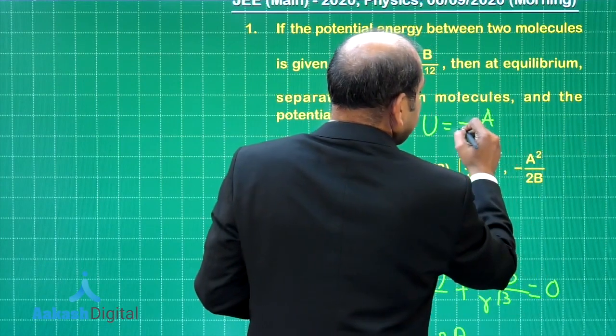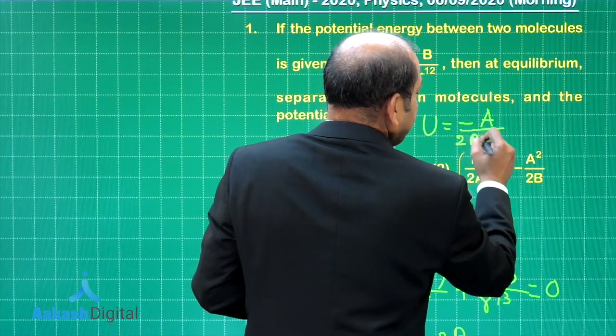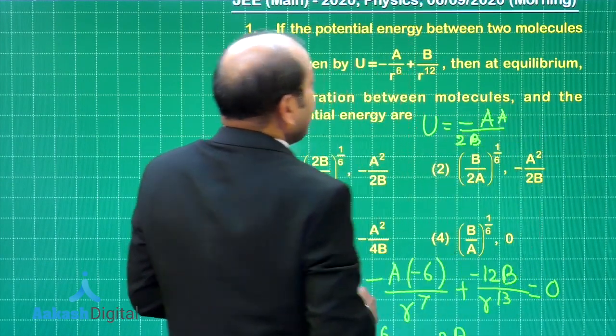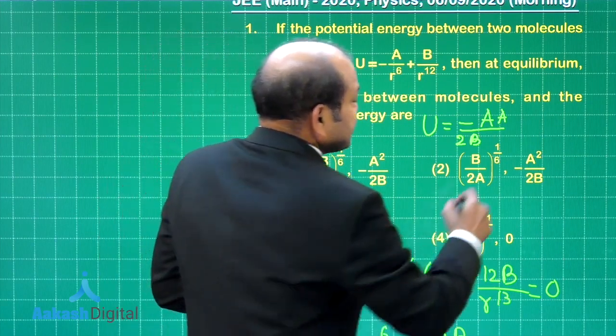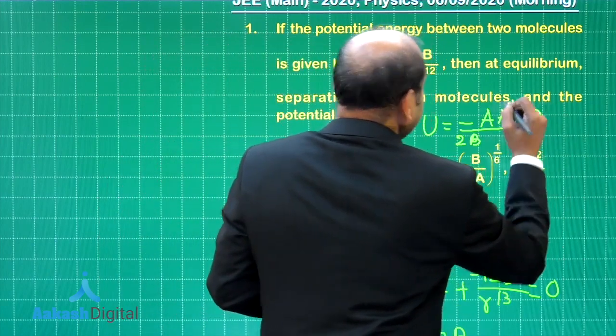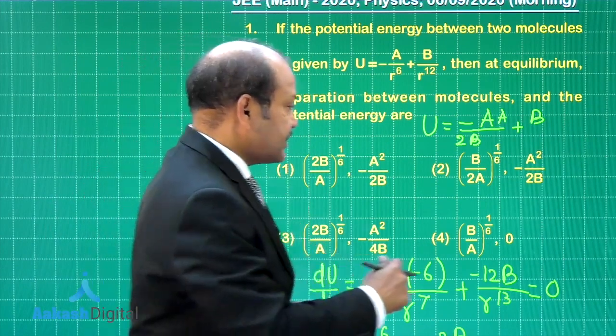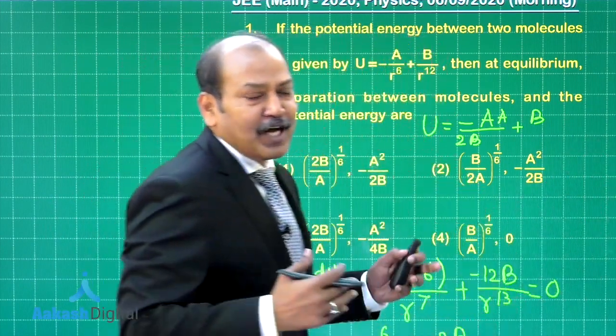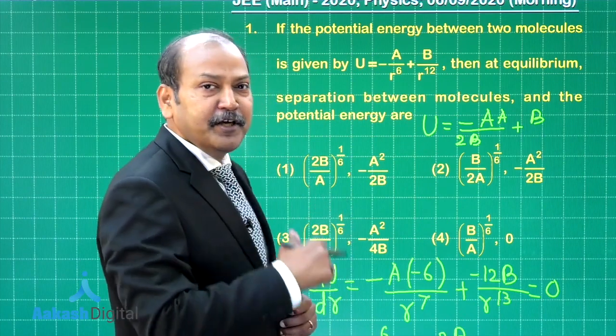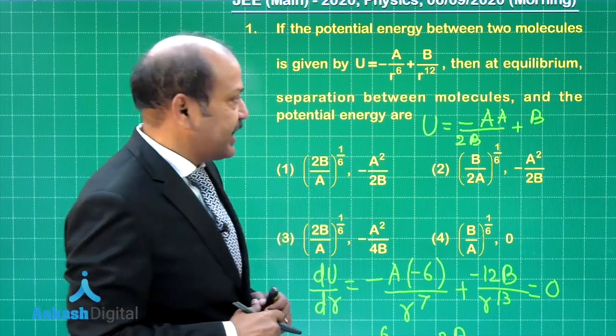So, this is minus a divided by 2b divided by a, and plus b divided by r to the power 12. So, r to the power 6 is 2b by a, so r to the power 12 would be 4b square divided by a square.